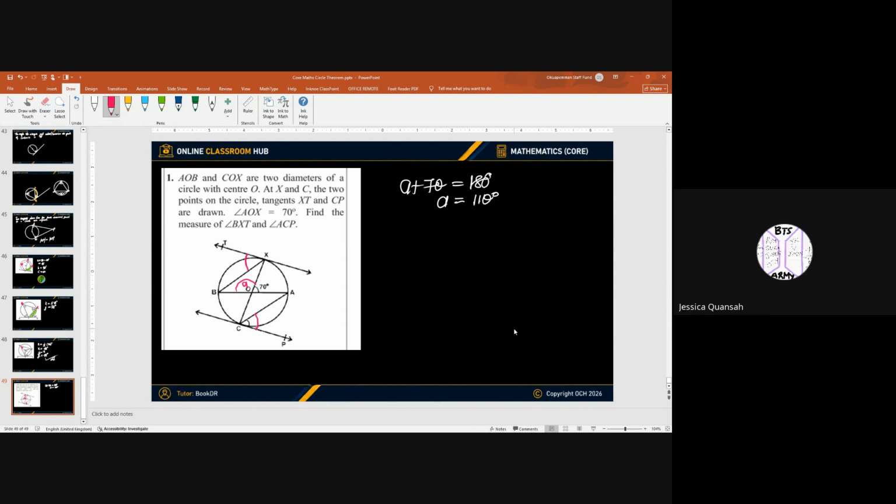So where is your diameter? The diameter is COX. Yes, it passes through the center. Or you can just say CX. Do you agree? So what is the angle between the tangent and the diameter?